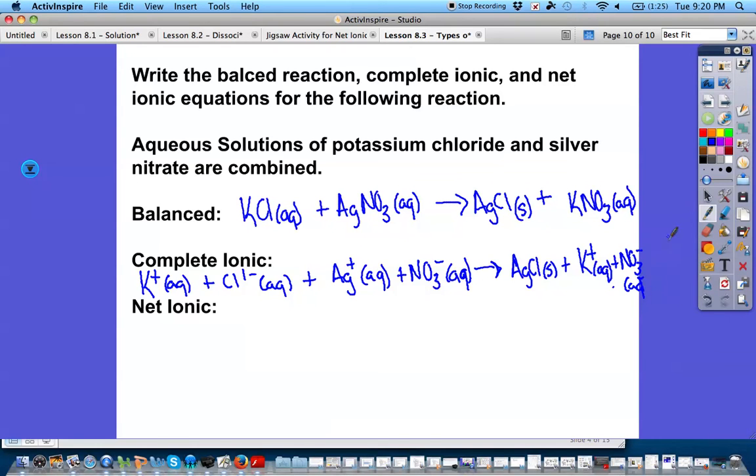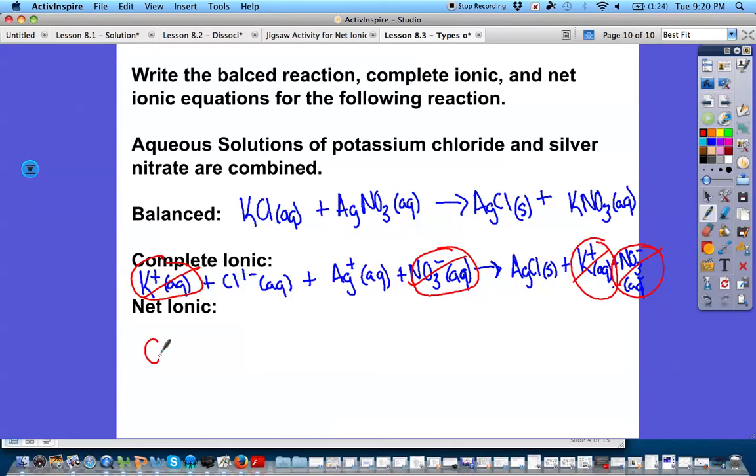So now I need to look and see what is the same on both sides. Well, I have a potassium ion on both sides. I don't have chloride. I don't have silver. But I do have nitrate. So those are going to be what gets canceled out.